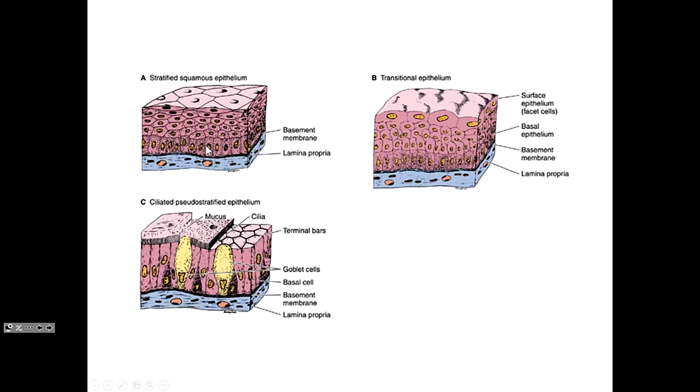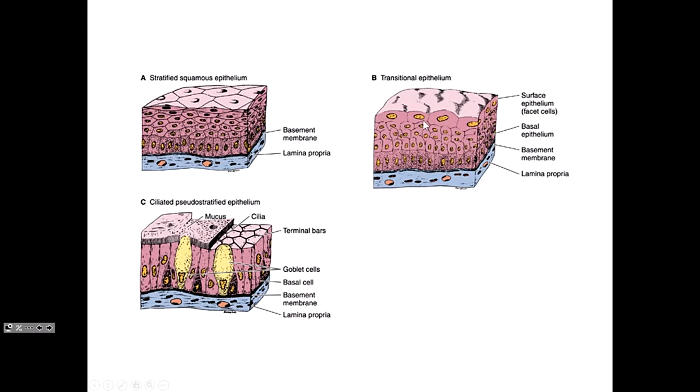But classification is not based upon the basal layer of cells, it's based upon the uppermost layer. So it doesn't matter what's going on down here. This uppermost layer is squamous, so this is stratified squamous epithelium.